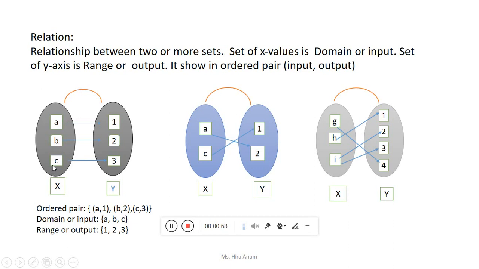Domain is the number which is input and range is the output. If we put A in a function, then we get a number of set Y. If we put an element of X, then we get an element of set Y.